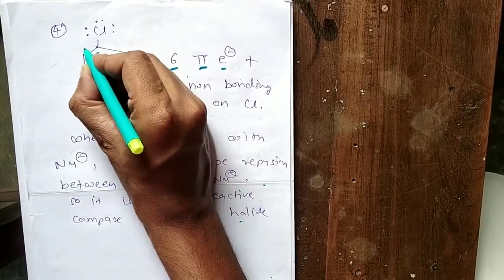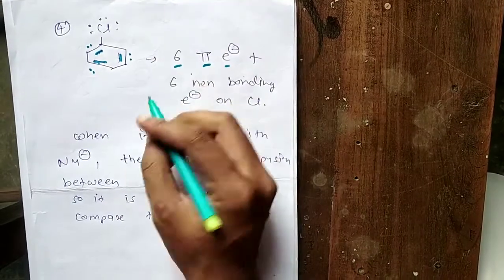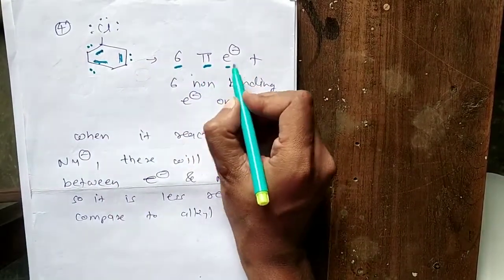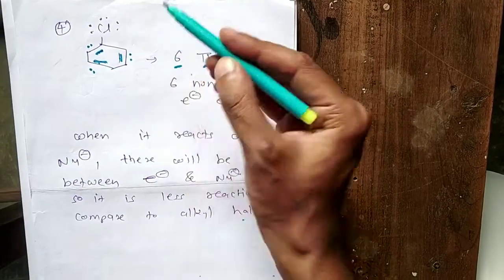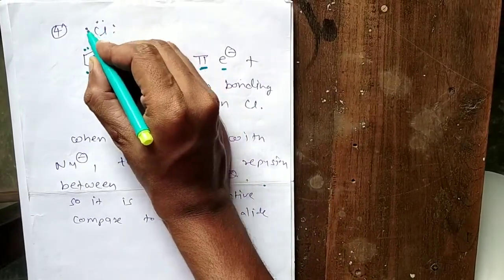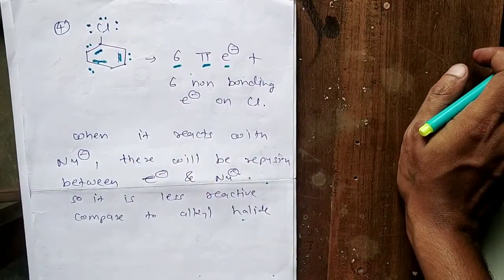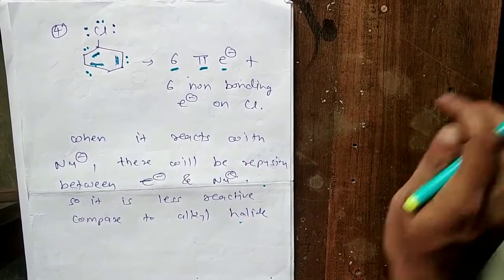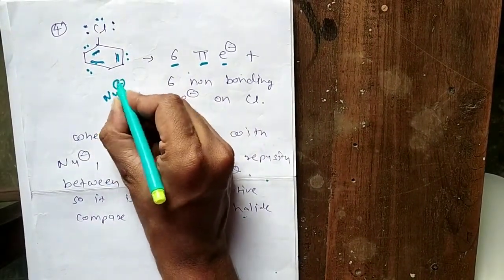Here in this double bond 2 electrons will be there, 2 electrons, 2 electrons, so total 6 pi electrons are there in benzene structure. And in addition to that, this chlorine is having 6 non-bonding electrons.